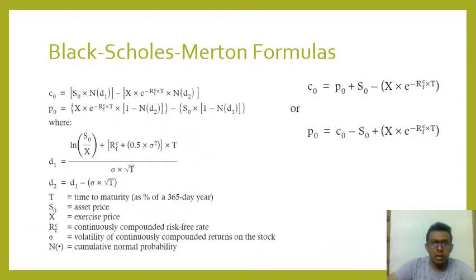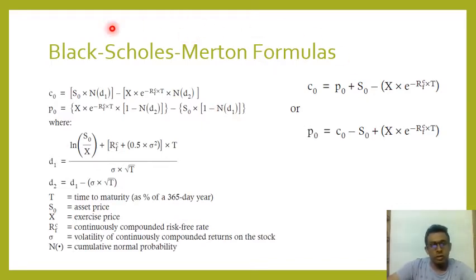So coming to the real Black-Scholes-Merton formulas. There are two formulas given by Black-Scholes-Merton. The derivation of it is very difficult and very lengthy. So anybody doing this valuation should know this formula by heart.